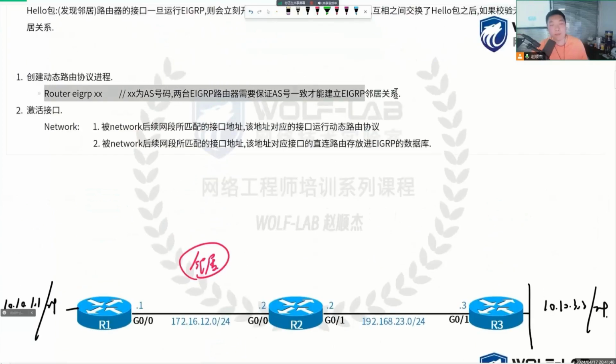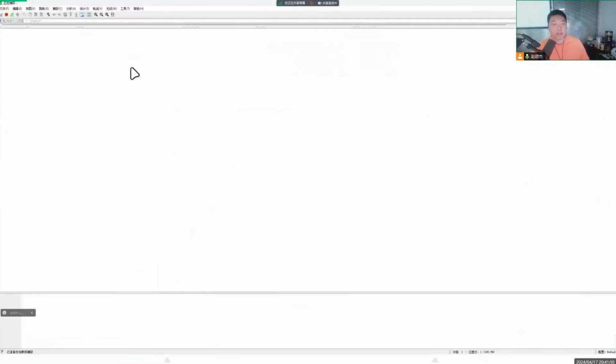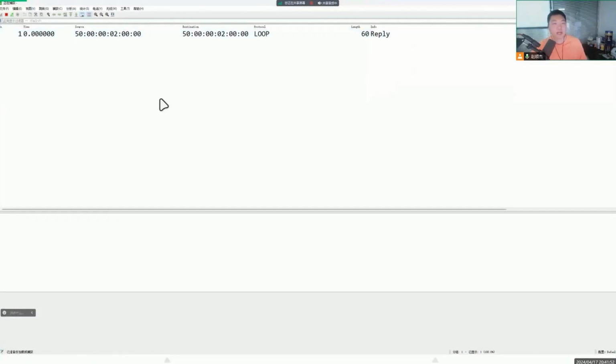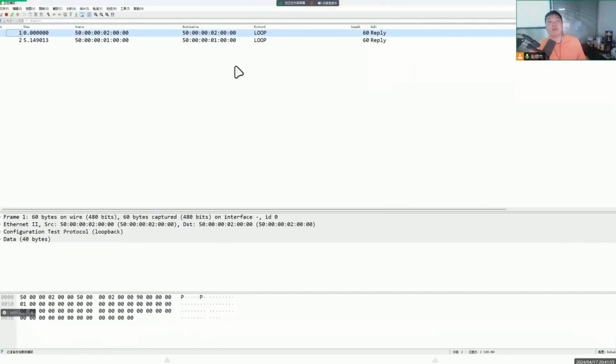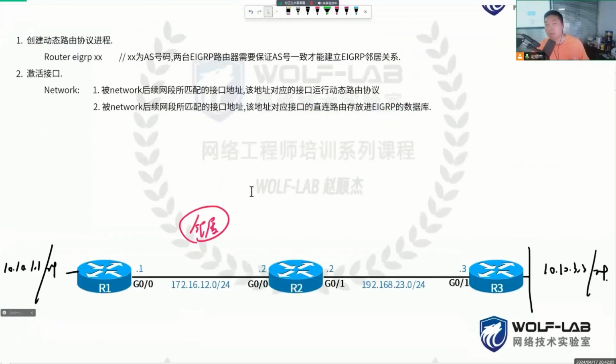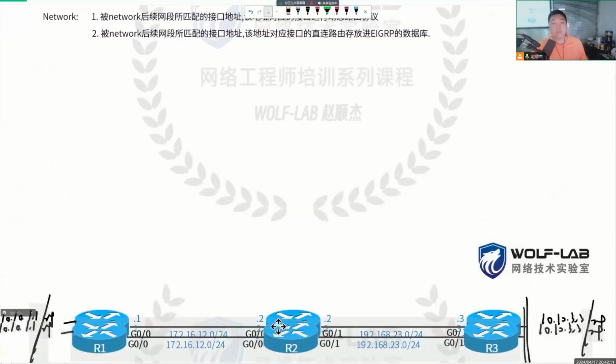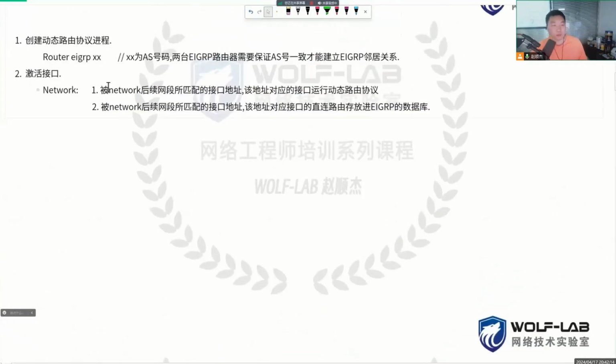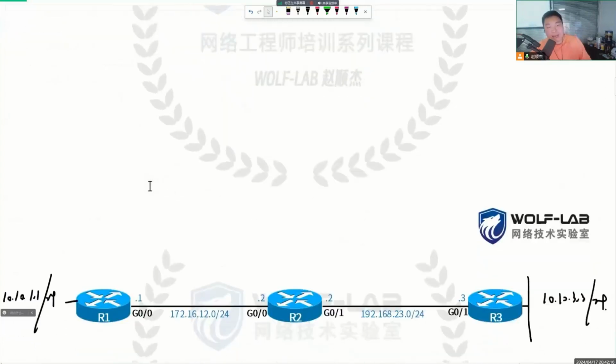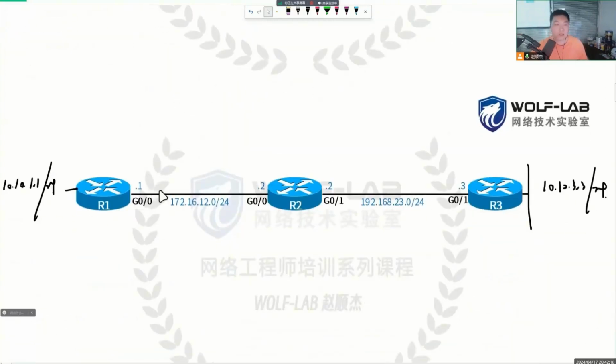So use the network command line. Its function is to activate the interface. So how to activate it? Find a network segment. There are 3 schemes to activate the interface in EIGRP. The first scheme, our network command line matches a network segment. This network segment matches the interface address of our router, for example, the interface address of R1, 172.16.12.1.